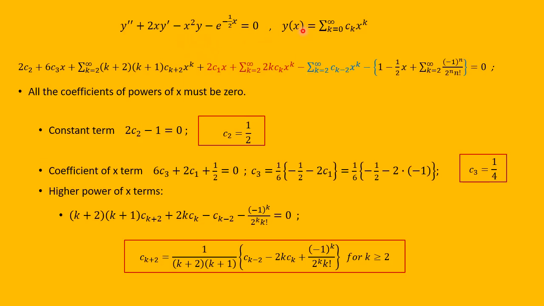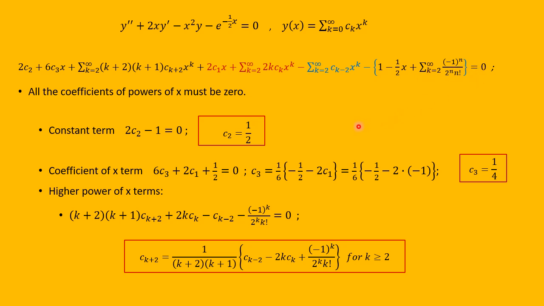So plugging this power series into this differential equation, we get the y double prime terms that we saw before, which are these in black, the plus 2xy prime, which comprises these two terms, minus x squared y, which is this term right here, minus e to the minus 1/2 x is this stuff, just the expansion of that exponential function, and so this equals 0.